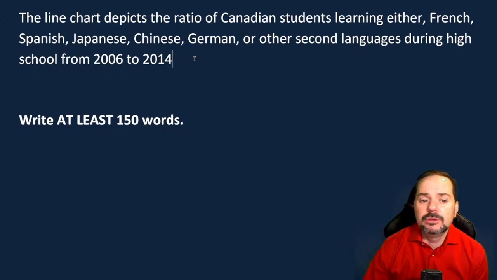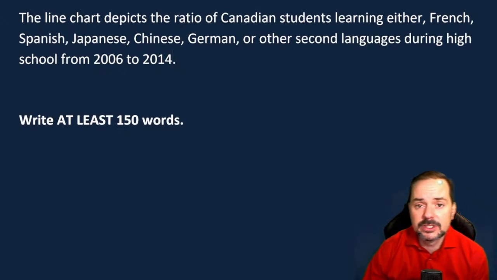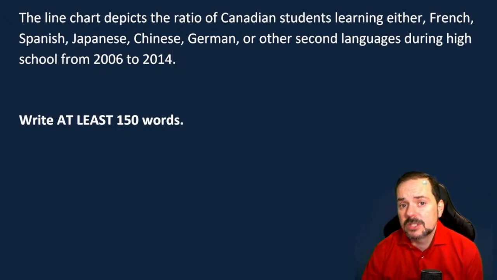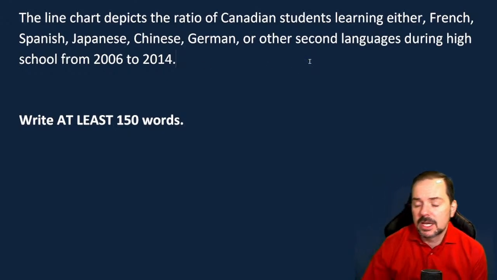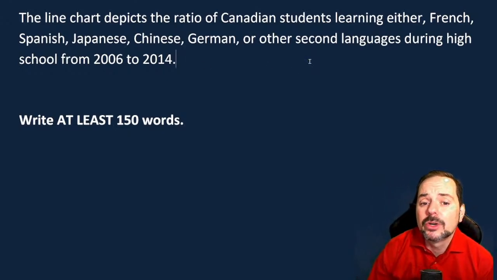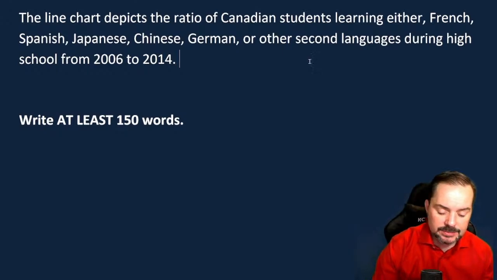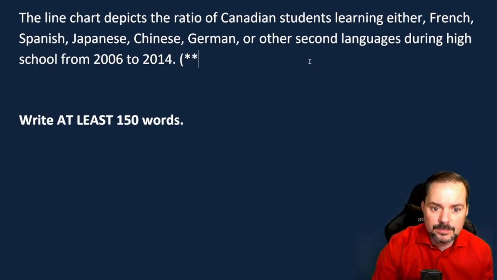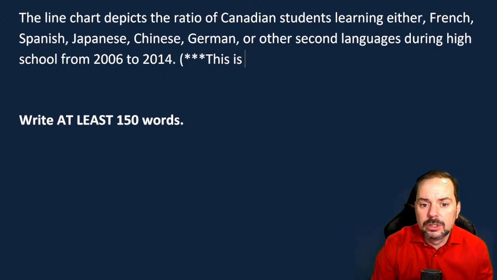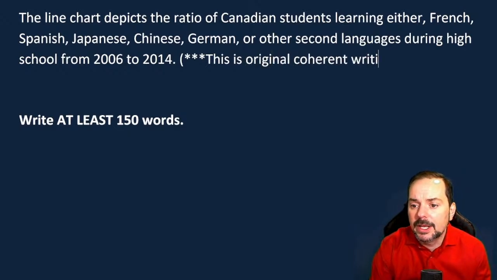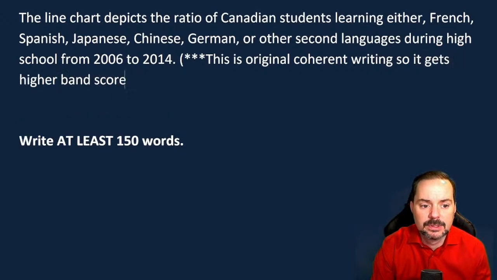Okay, but if you do more, if you give details like this, even if you have 1 or 2 mistakes, you can still get a band 7. Okay, because you're writing more coherently. This is much more coherent. This is original, coherent writing, so it gets higher band scores. Okay, keep that in mind, than if you just paraphrase.